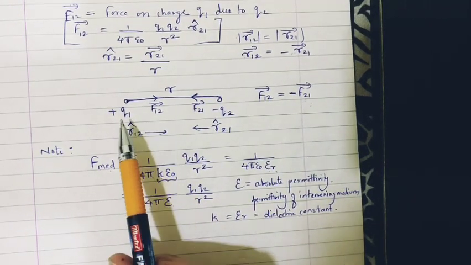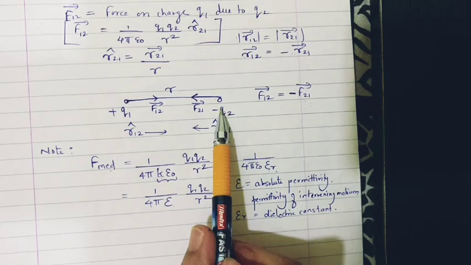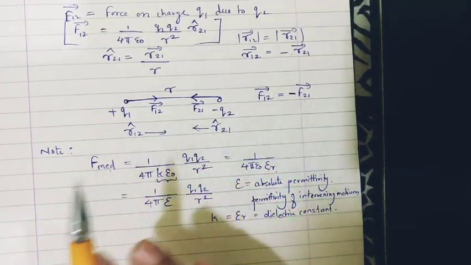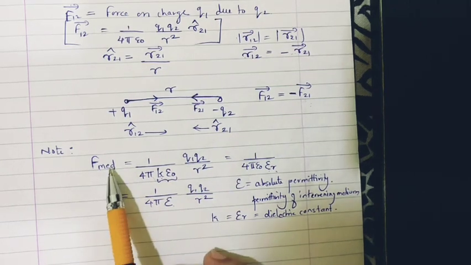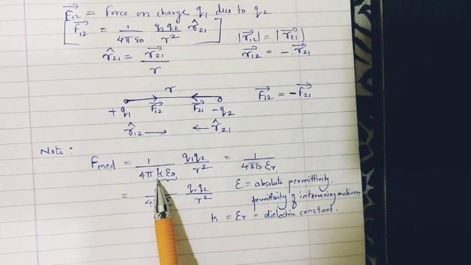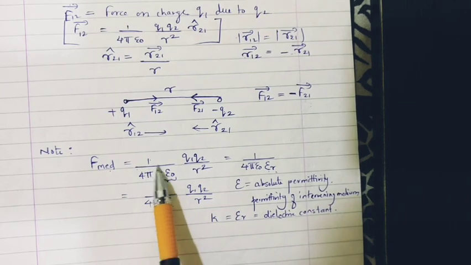So when these charges are placed in a medium other than vacuum, let's say it is placed in water, or it's placed in some metal, so in that case what will be the formula? 1 upon 4 pi k epsilon naught Q1 Q2 upon R square. Only k is additional here.